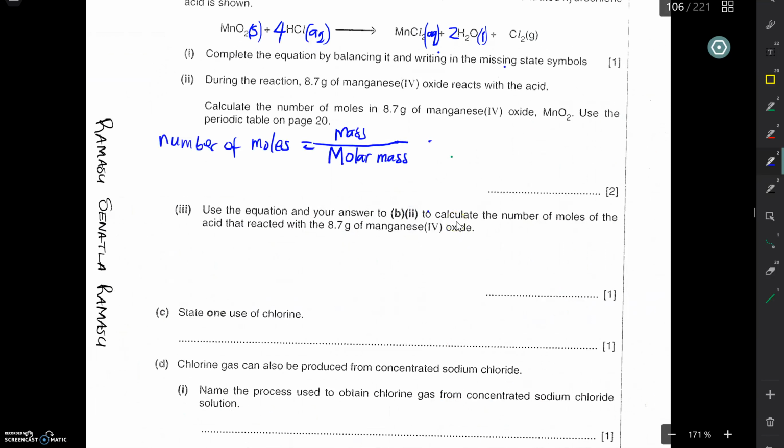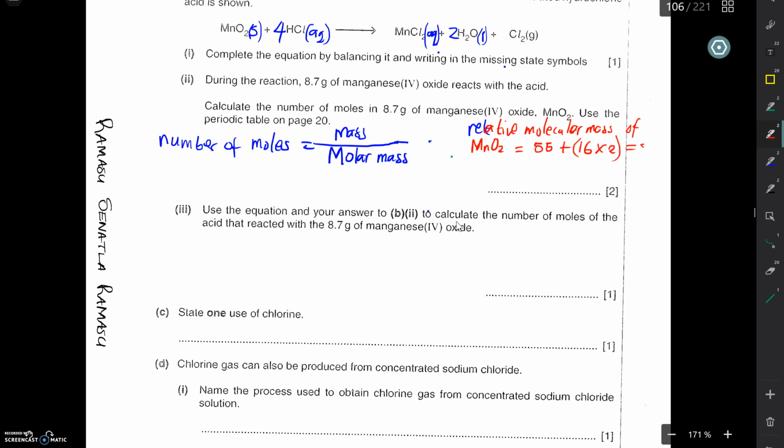So we have a relative molecular mass of manganese 4 oxide, MnO2: 55 plus 16, but because it's O2, it's 16 times 2.